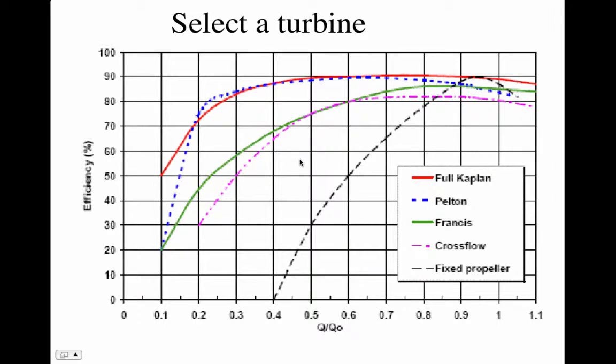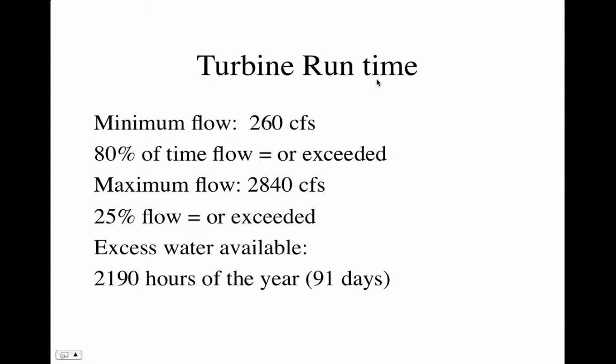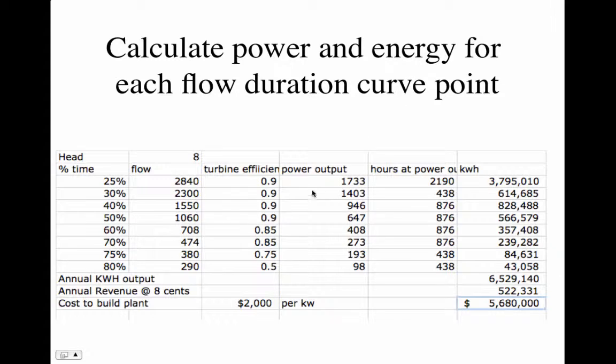I used this curve, and so I can see at what percentage of the full flow the efficiency of the turbine is. And then I just plug in the formula for power output: the head, so the head's 8 feet, times the flow times the turbine efficiency divided by 11.8, and that's the kilowatts it'll produce at each of these flow rates.